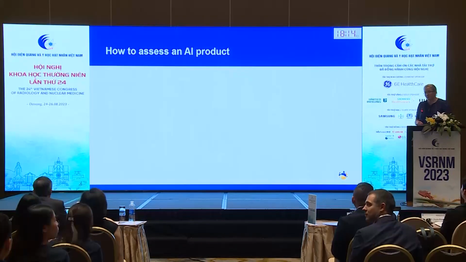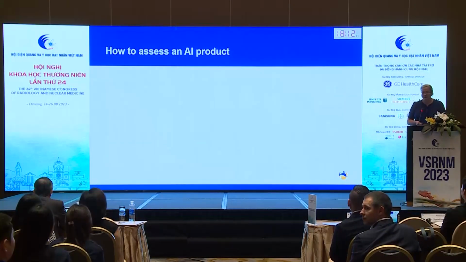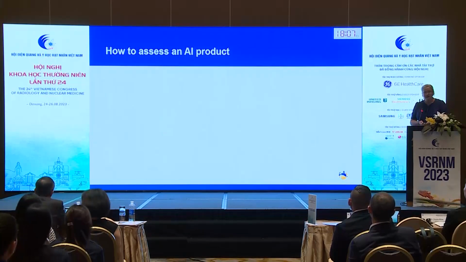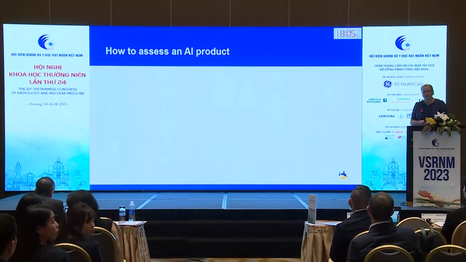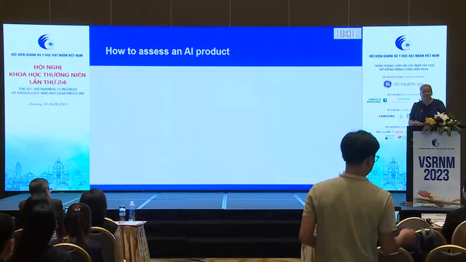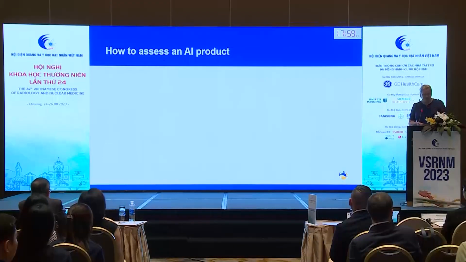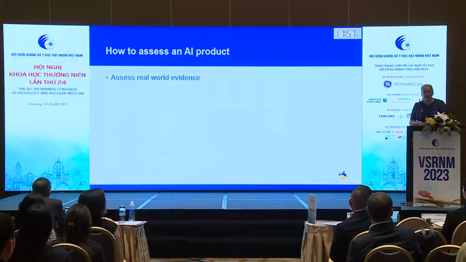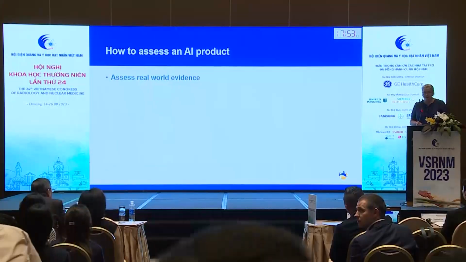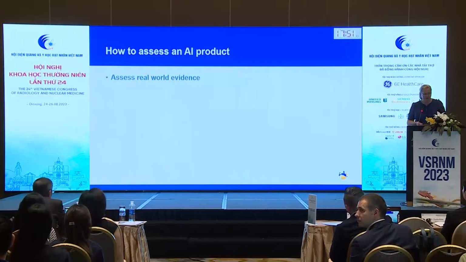So this is a really important point about anyone who is thinking about implementing an AI product, and that's about how to decide whether the AI is right for your department. One thing to do is to have a look to see how much evidence is out there for that particular AI product.